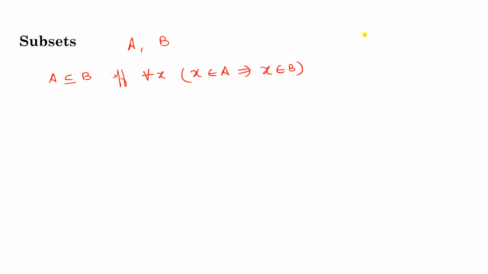For example, suppose A equals {1, 2} and B equals {1, 2, 3, 4}. Look at this.